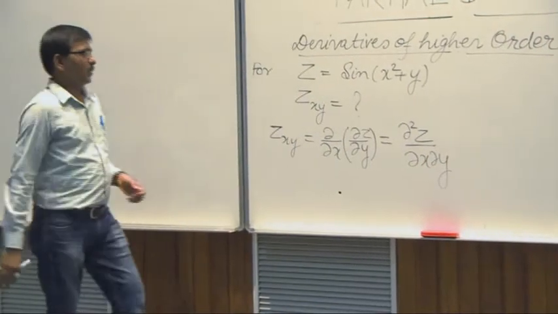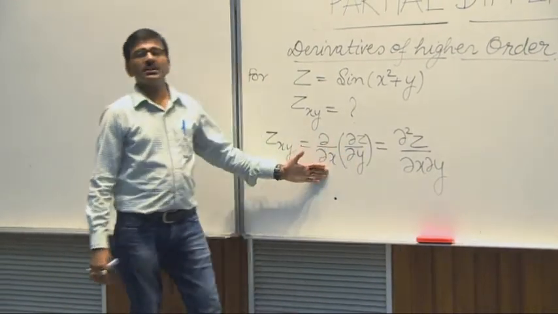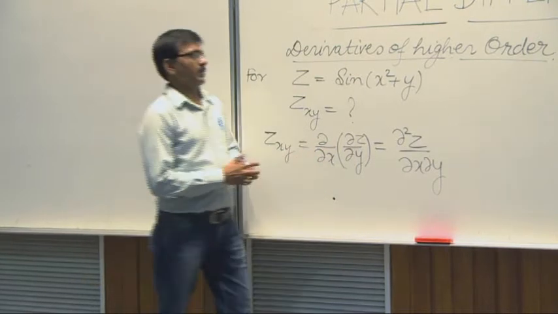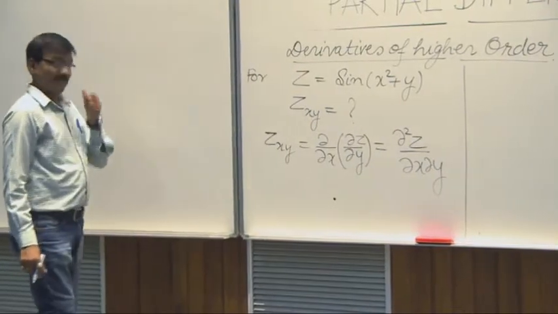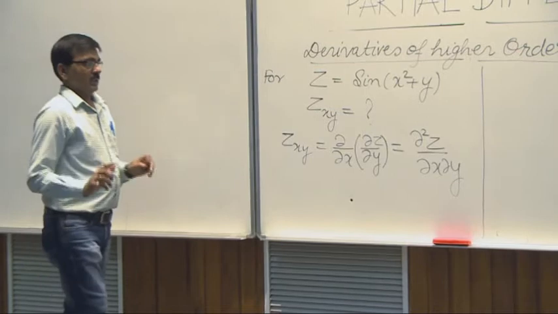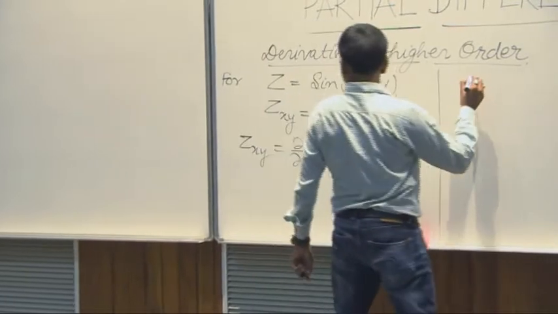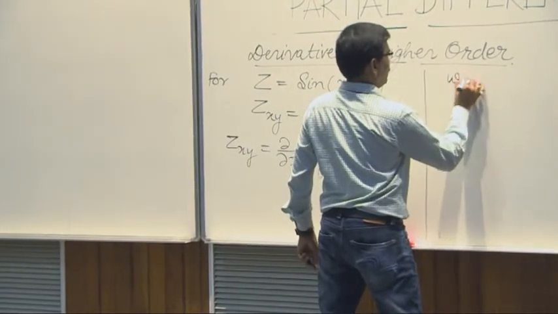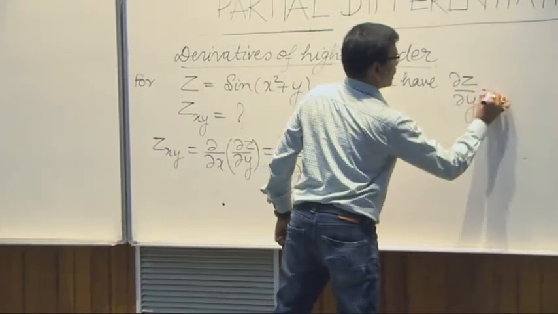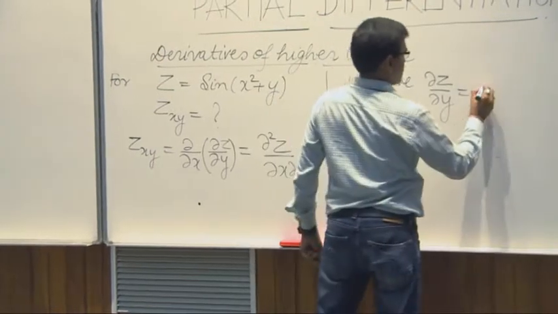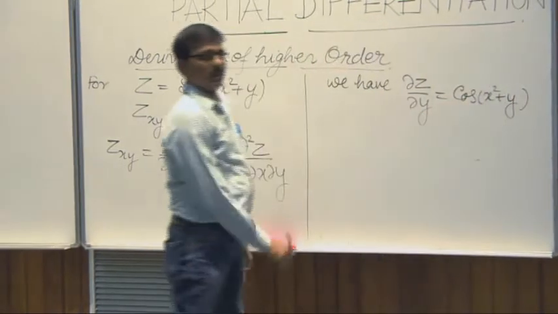So what we are doing here, first we are differentiating with respect to y and then differentiating with respect to x. You just check what you got here already. We have del z del y, that was your result, cos of x square plus y.